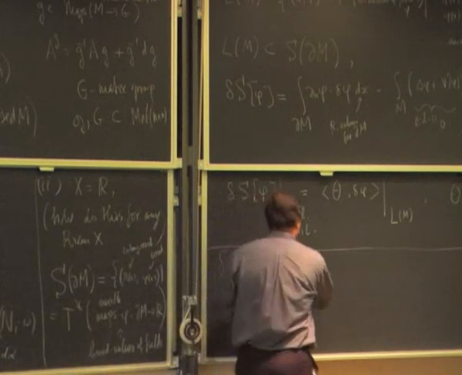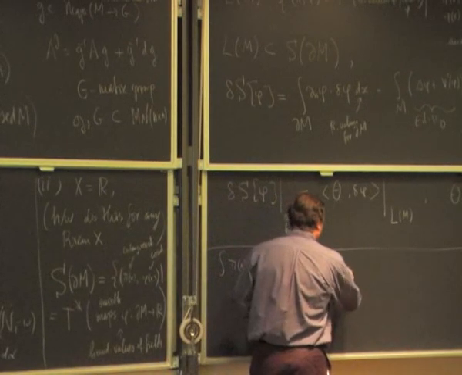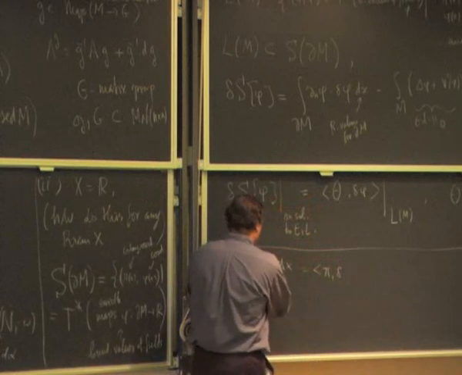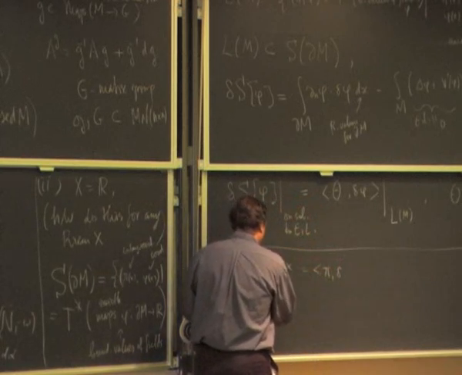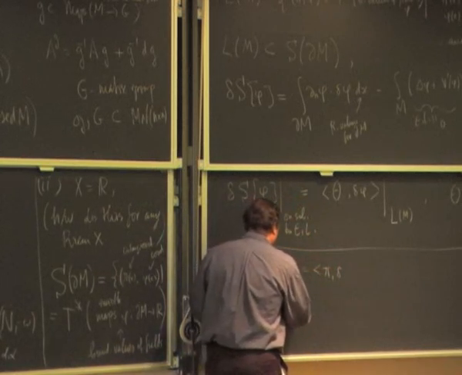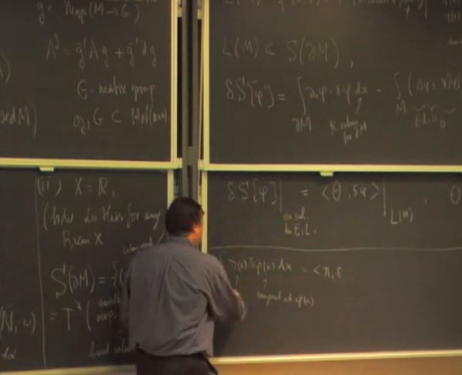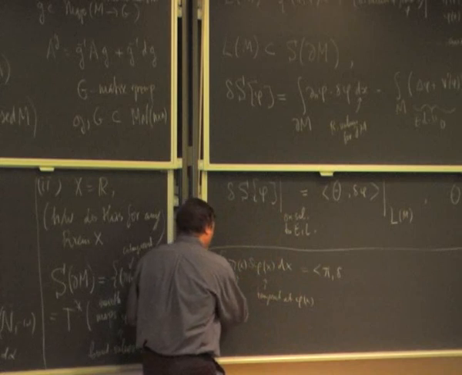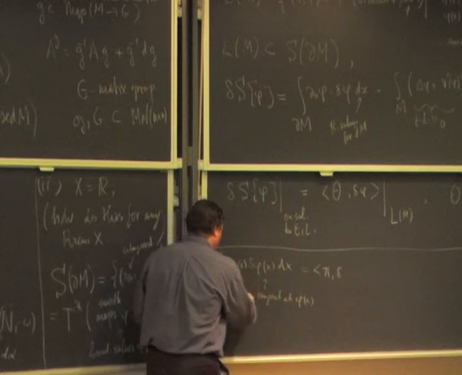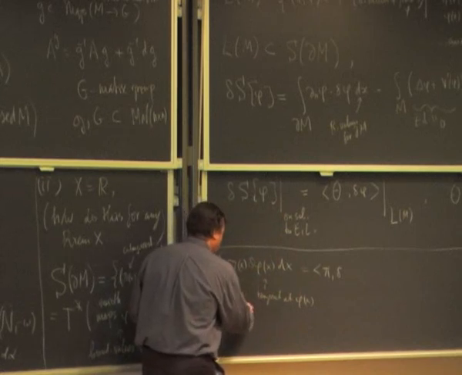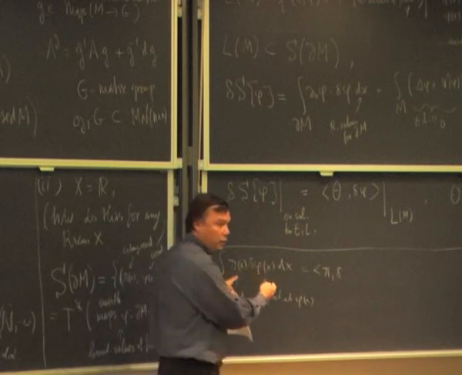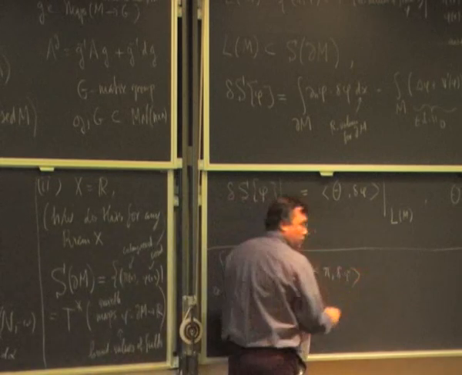So if this is the tangent space, and this is an element of the cotangent space, the pairing between the tangent space and the cotangent space is simply this.